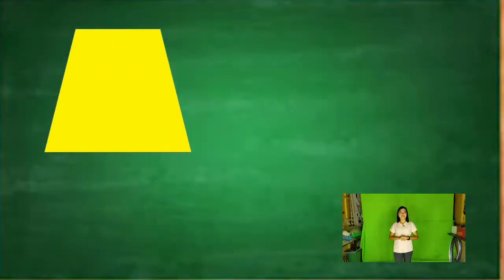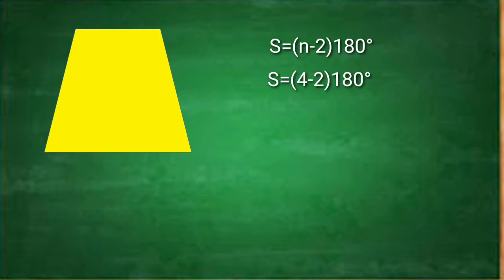Same with the quadrilateral. Since a quadrilateral has 4 sides, we have n is equal to 4. So we have S is equal to the quantity n minus 2 times 180 degrees. We substitute the value of n, so we have S is equal to the quantity 4 minus 2 times 180 degrees.